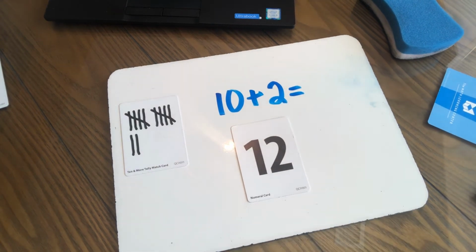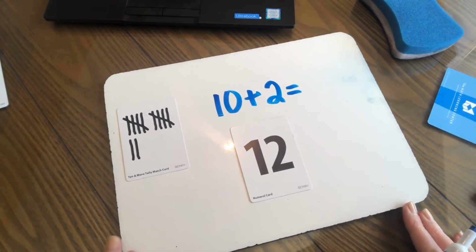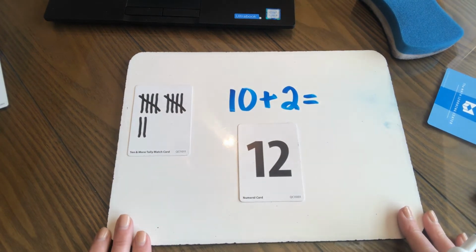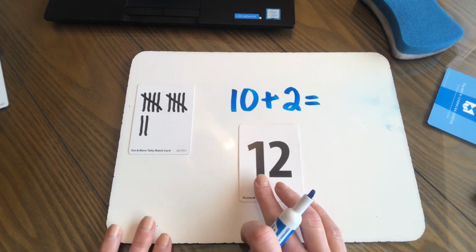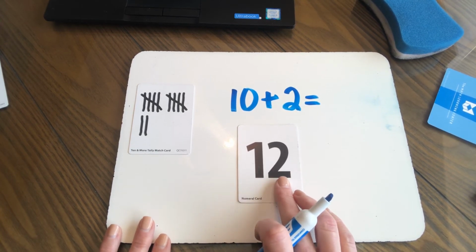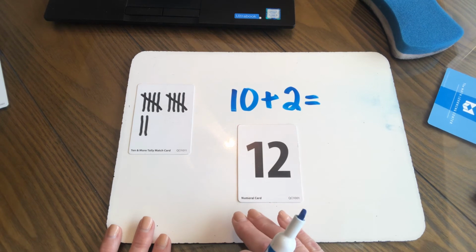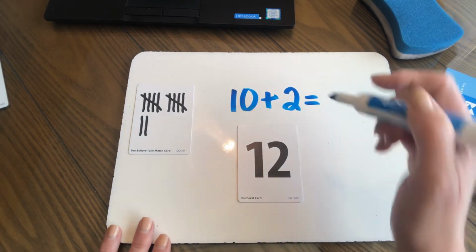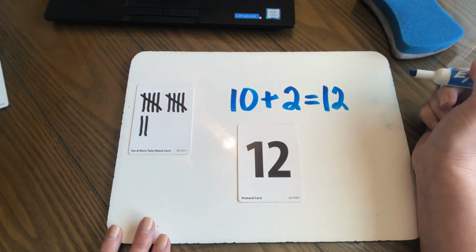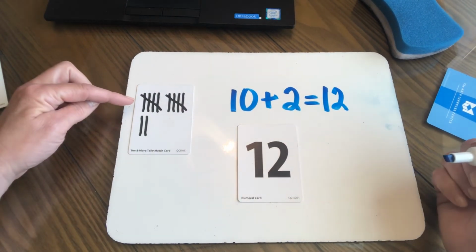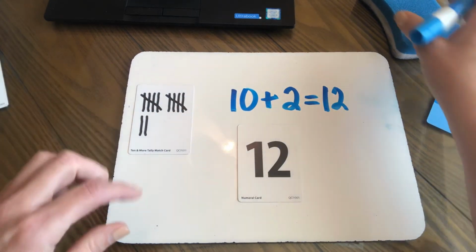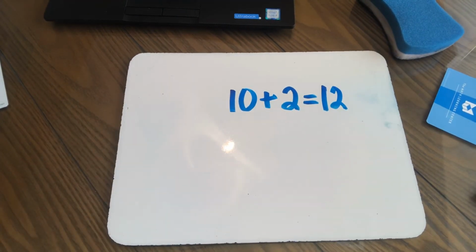If you answered 12, you are correct. 12 is 10, 2. I can show 12 with 1 10 and 2 1s and just write it in standard form, 10, 2. I can add 10 plus 2 and represent 12, or I can represent 12 with a group of 10 tallies and 2 more.